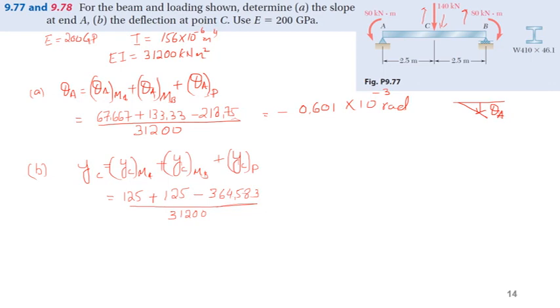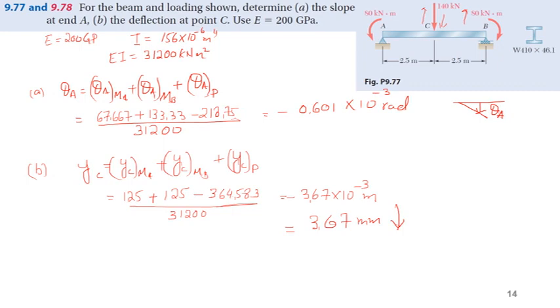EI is common for all of the values, so when we put in the values, that is minus 3.67 times 10 to the power minus 3 meter, or 3.67 millimeter in the downward direction.